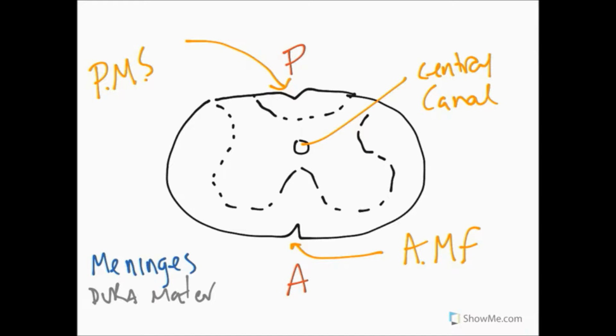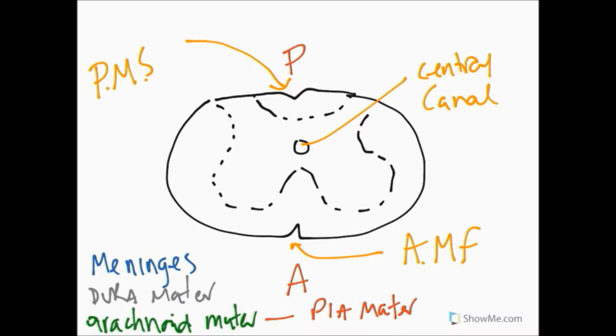I'm going to choose green to put in the next layer, which is the arachnoid mater. And finally, the one that is closest to the spinal cord, and I've run out of colours to choose from, so I'm going to go back to red, and that is the pia mater. I'm going to use those respective colours now just to draw them on, and then we can think about where the subarachnoid space is and where cerebral spinal fluid would be located.